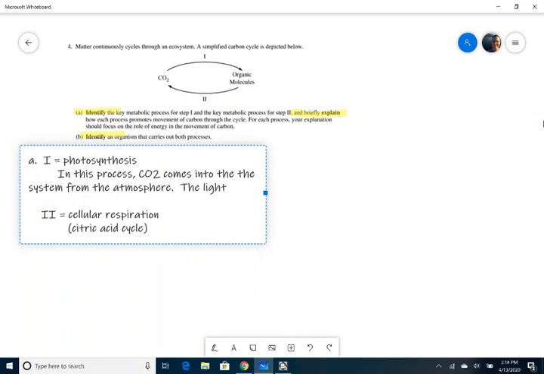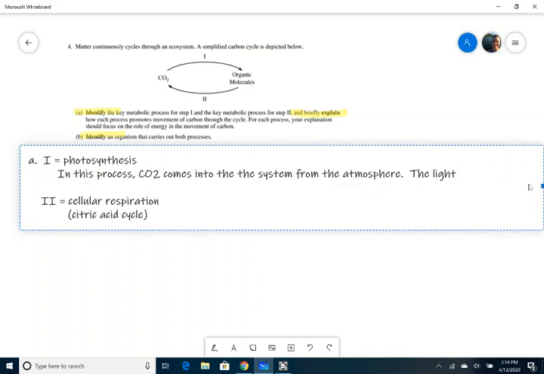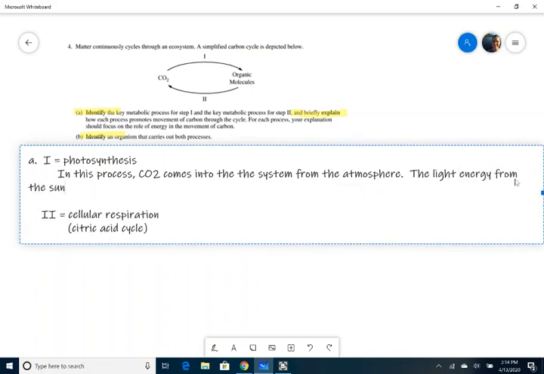The light energy from the sun is captured.